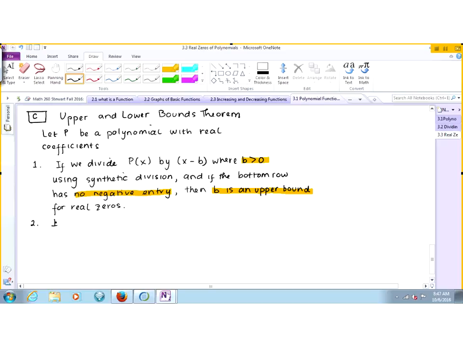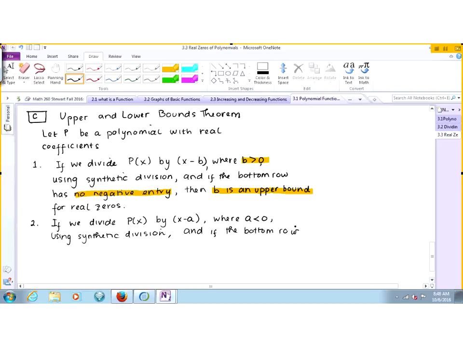Now, number 2. If we divide P of x by x minus a, where a is less than 0, using synthetic division, and if the bottom row has entries that have alternate signs.